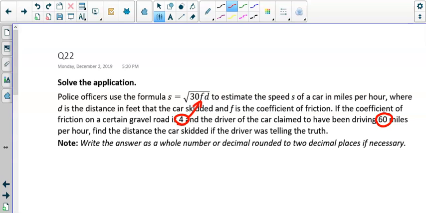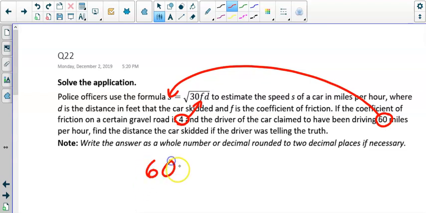That's your speed. That's S. So who are we looking for? D. So we're going to plug in the 60 equal to the square root of 30 times 4 times D, right? Because we don't know D.